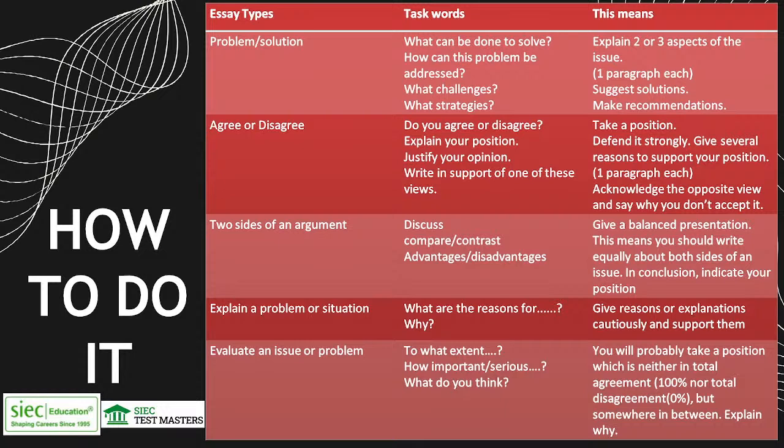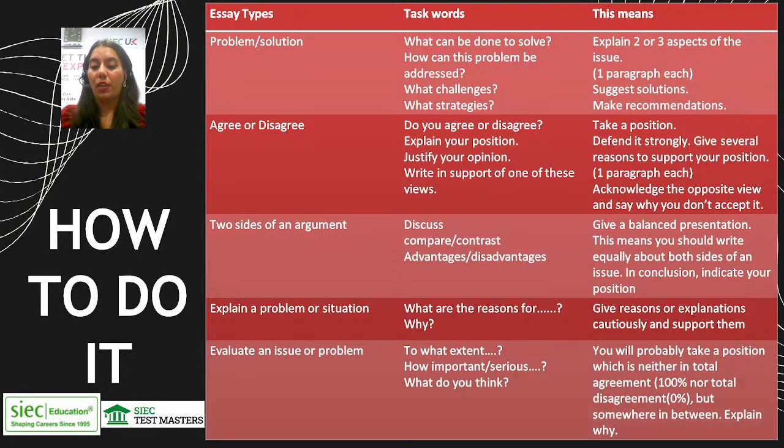All right. Now, the next comes is two sides of the argument. There are two sides given to it. Let's say whether you should be smoking in public places or in personal spaces. Now, the question is asking to discuss or make comparisons or contrasts wherever you feel they are relevant, or maybe they are talking about the advantages and disadvantages of smoking in public places. In those cases, I need to give a balanced presentation.